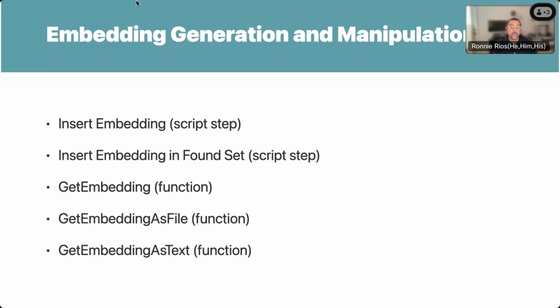We start with Insert Embedding and Insert Embedding in Found Set script steps, along with the new Get Embedding function. All of these allow you to create vector embeddings for either individual records or entire found sets. The embeddings that you create with them are really the essence of semantic search, allowing you to take the semantic meaning out of text and enabling you to create really amazing AI-driven operations.